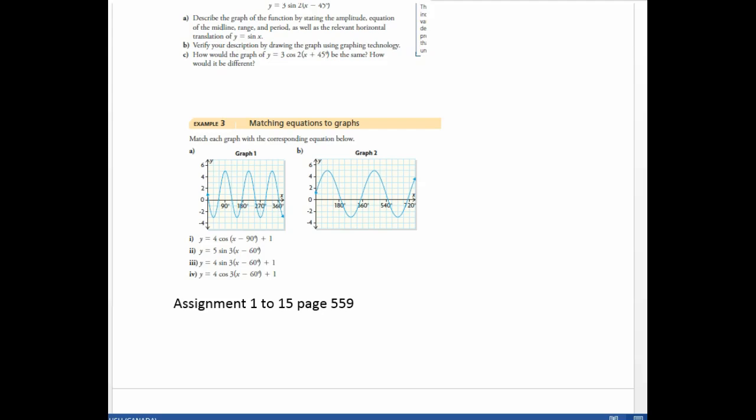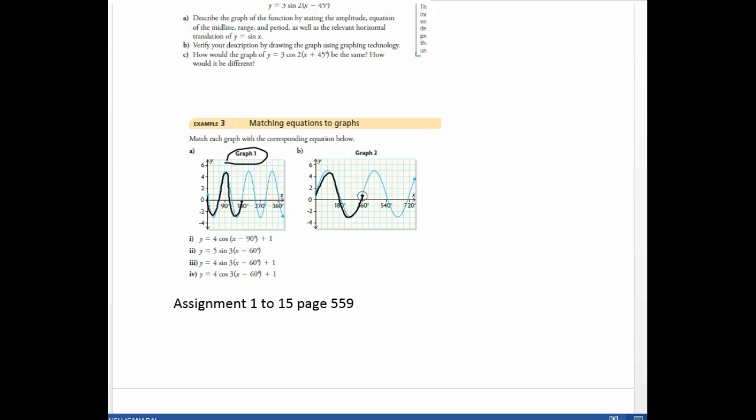We have to consider that these are shifted left or right also, right? So we know we're talking about graph. Let's talk about graph 1 for the moment, okay? So we know the period length, so it's going here, and then it starts to repeat again. Up, right there. And this one is right about there.